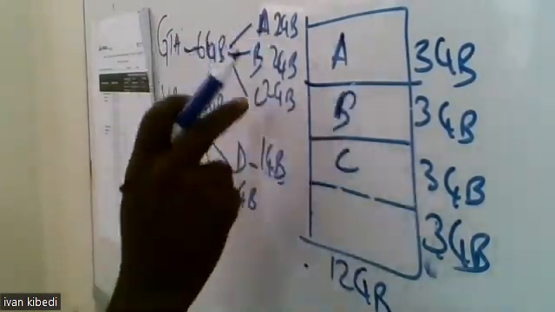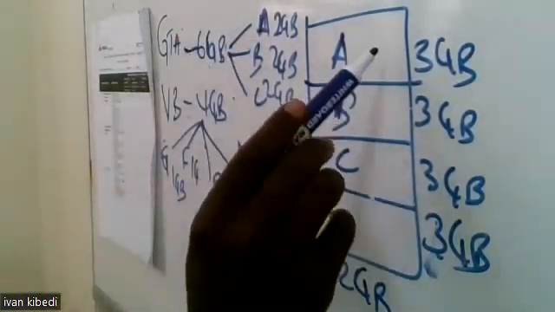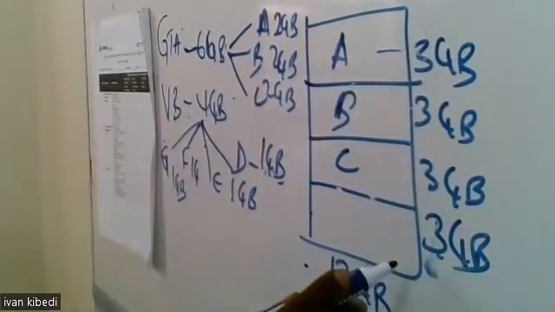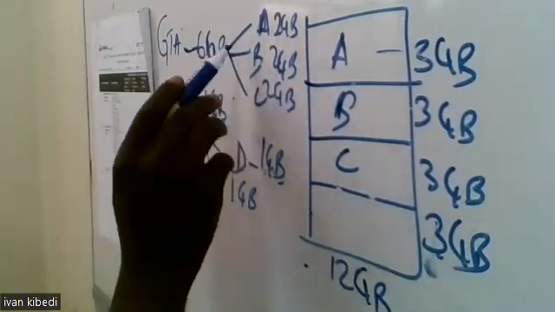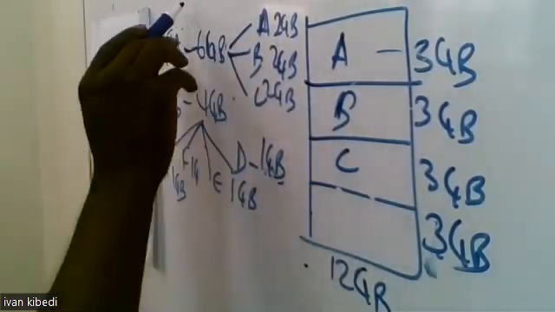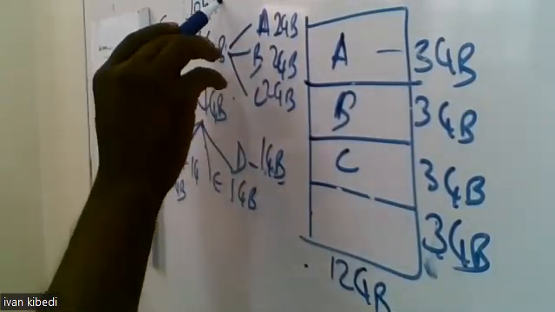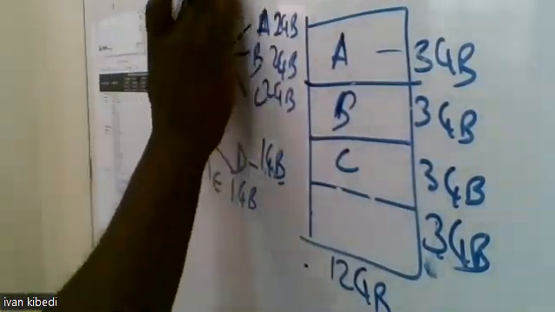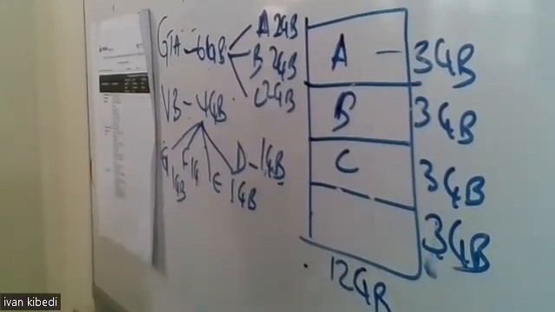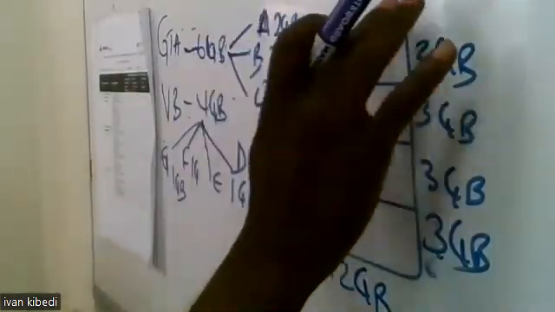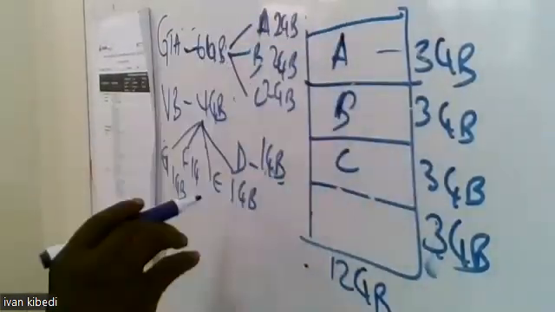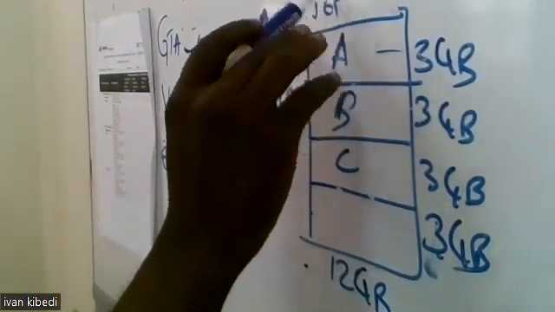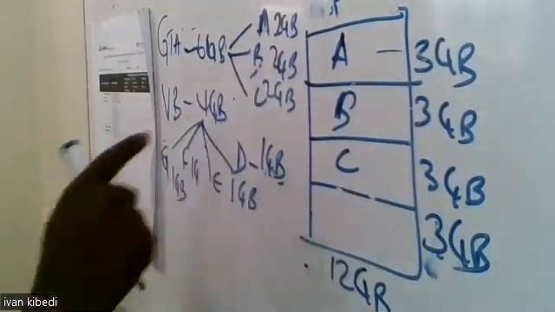Each of these sections of the memory are called memory pages, but the sections of each task are called job pages. Job, because this is a job to be performed, the task we are performing. So these different parts of the tasks are called job pages.